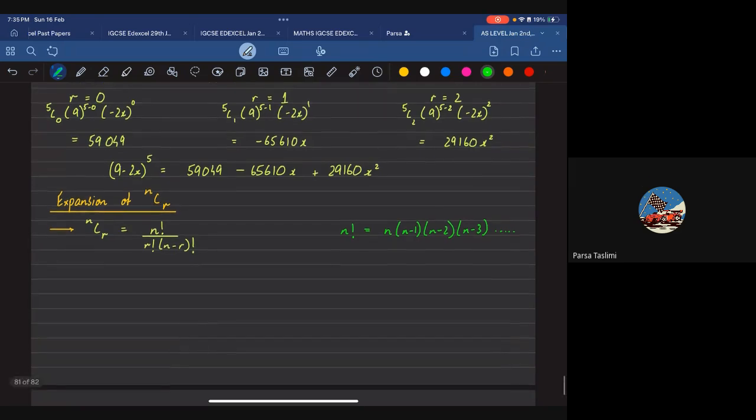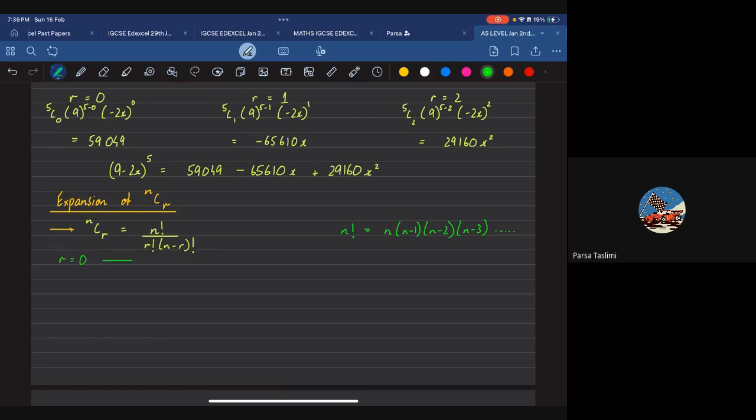Keeping this in mind, for example, what if r is equal to 0?